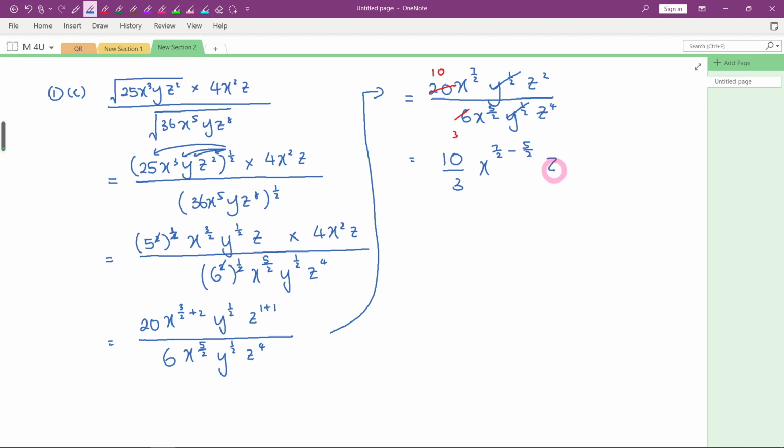And this one, 2 minus 4. 10 over 3 times x power, this is x power 1, you don't have to write 1. Z power negative 2. So when you see a negative index, we will change it back to this form: z squared. Okay, so this is the answer for 1C.